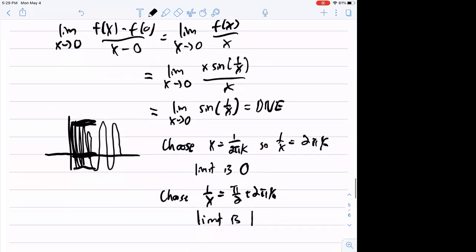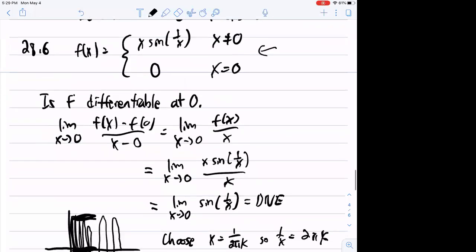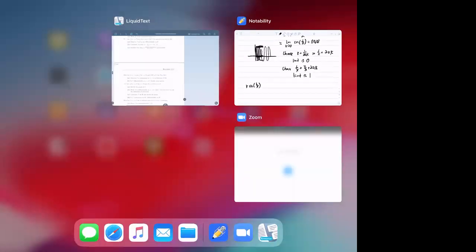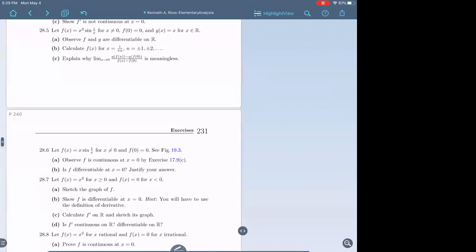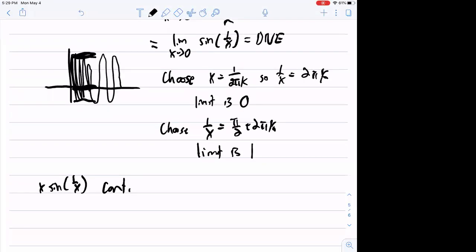Okay, so this is another example you have in your belt: x sine of 1 over x. From the question, it's continuous at 0, so it's continuous on R. If you think about it, the only problem is at 0 because you can't plug in 0, so it's certainly continuous everywhere else, and you can check it's continuous at 0.